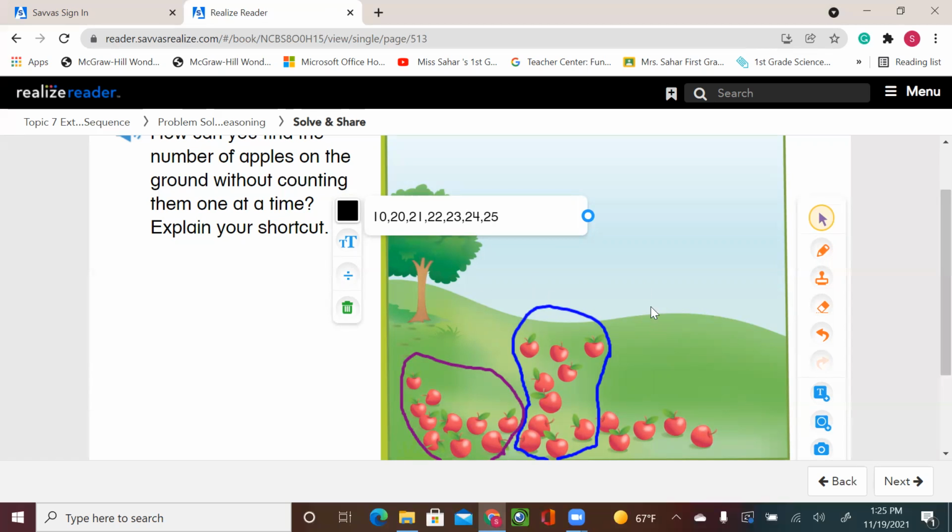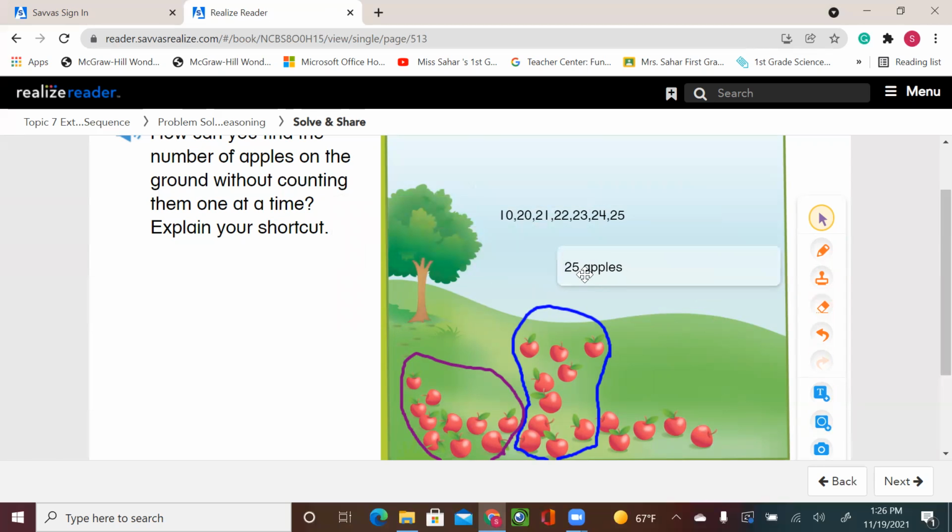So there are 25 apples on the ground. So in all, 25 apples. So that's my answer, and that's how I explain how I got this number, and I showed by drawing a circle in my first group of 10 and the second group of 10.